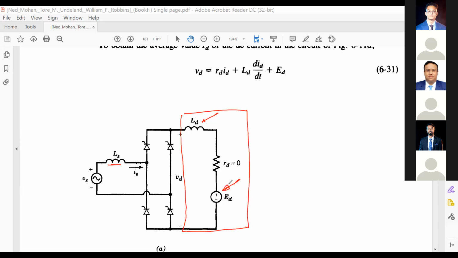Sir, battery. Ashikul, what type of load is it? Motor, sir. What type of motor?